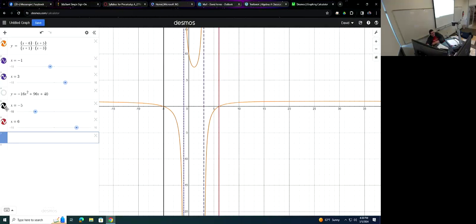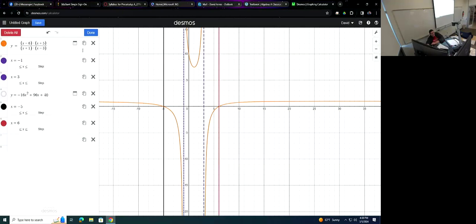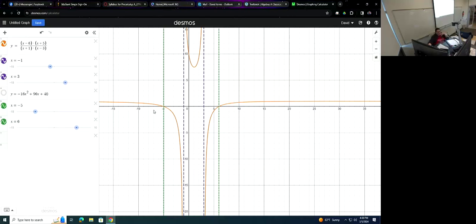And I'll make these green, and I'll make these both dotted. And I'll make these both slashed. So these are our lines that we have on our sign chart right now, these dashed and dotted lines.